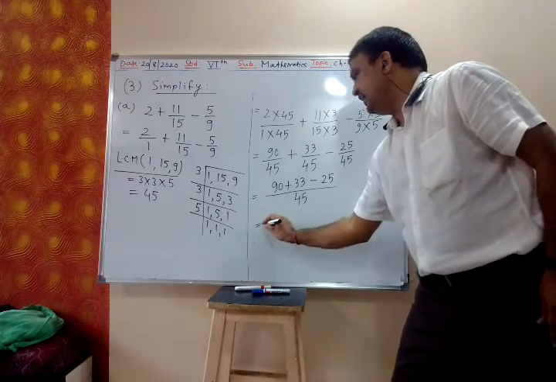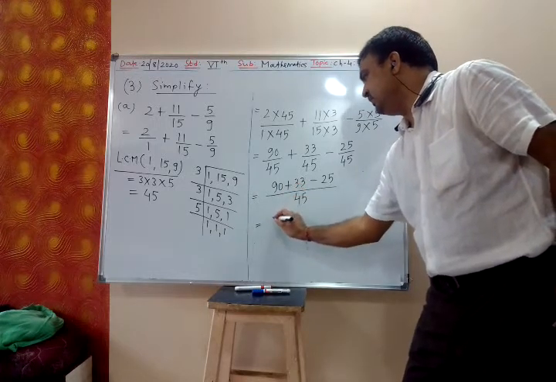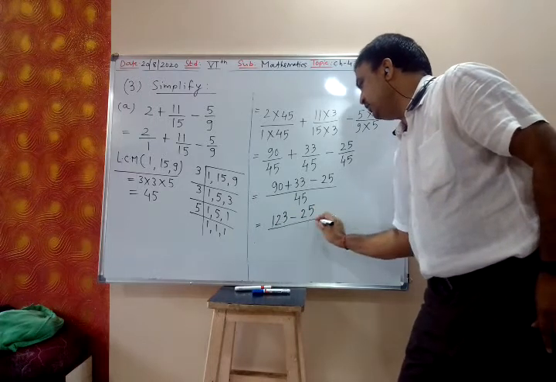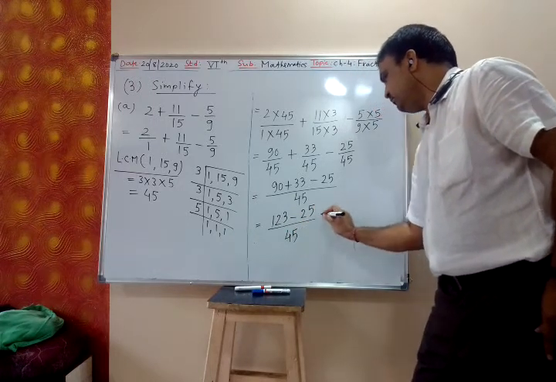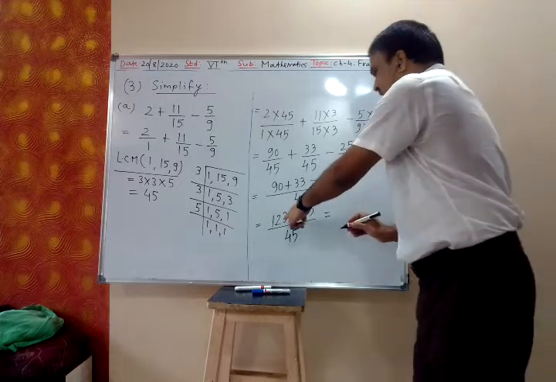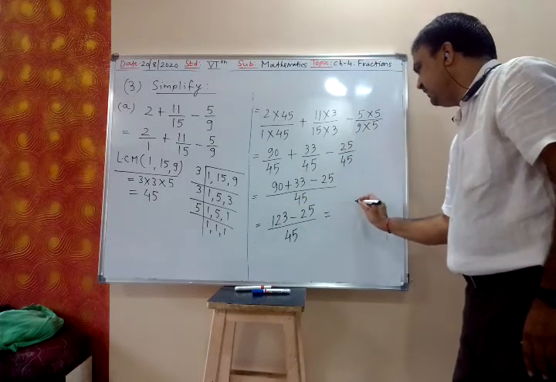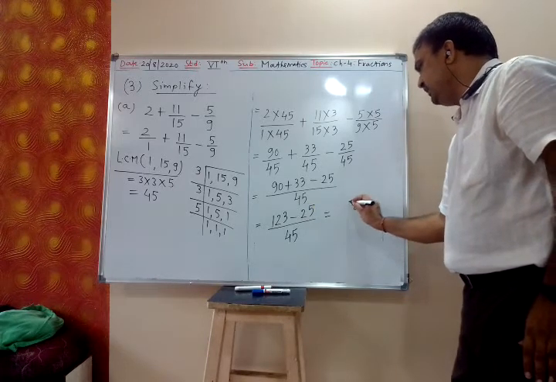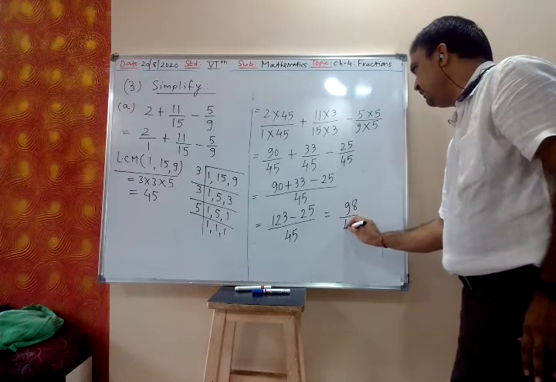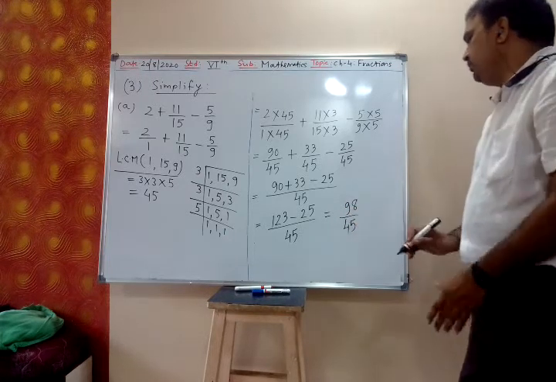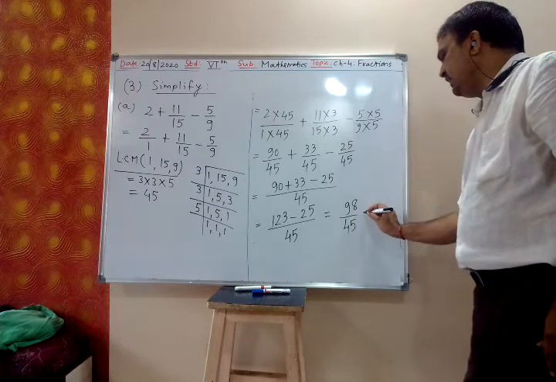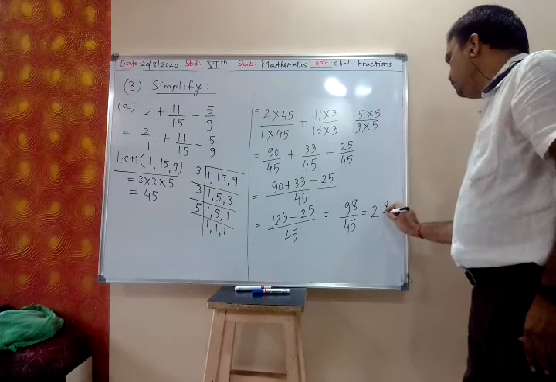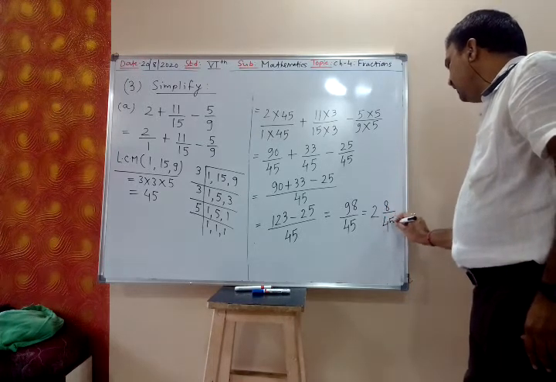First I will add 90 plus 33, which is 123, then 123 minus 25 upon 45. 13 minus 5 is 8, then 11 minus 2 is 9, so 98 upon 45. 98 upon 45 I can write as a mixed fraction: 45 twos are 90, and the remainder is 8, so 2 and 8 upon 45, and this is the answer.